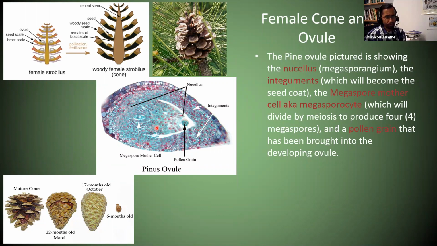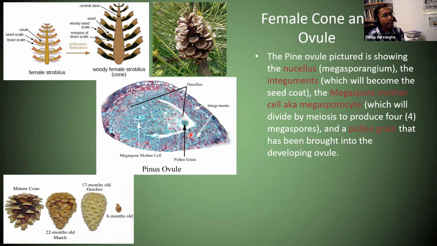Okay. Now, moving on, the external-most part of the ovule is the integument. It's multi-layered. That is the integument, which subsequently will produce a seed coat after fertilization takes place.